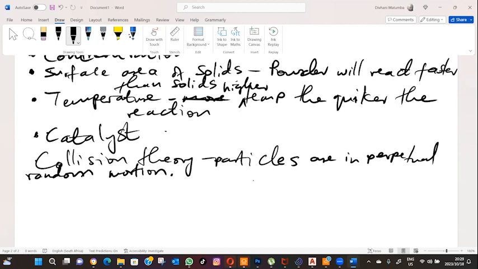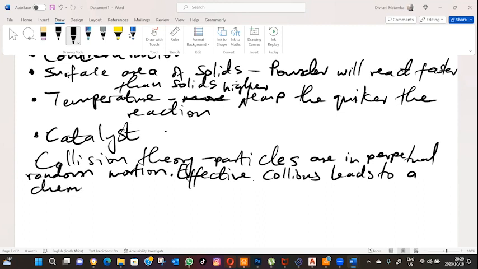However, effective collision leads to a chemical reaction. That's the collision theory.